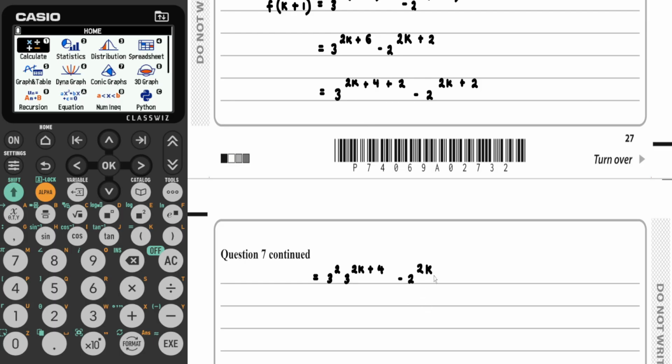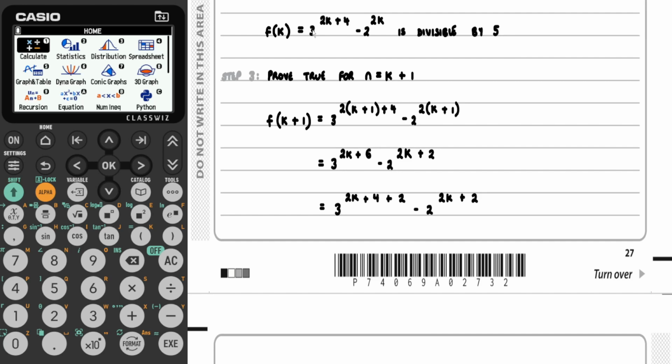And here I've got 2 to the power of 2k times 2 squared, because if I add the powers because I've got the same base, I end up with 2k plus 2. 3 squared is 9, so I've got 9 times by 3 to the power of 2k plus 4, subtract 4, because 2 squared is 4, times by 2 to the power of 2k. This here is similar to what I have over here.